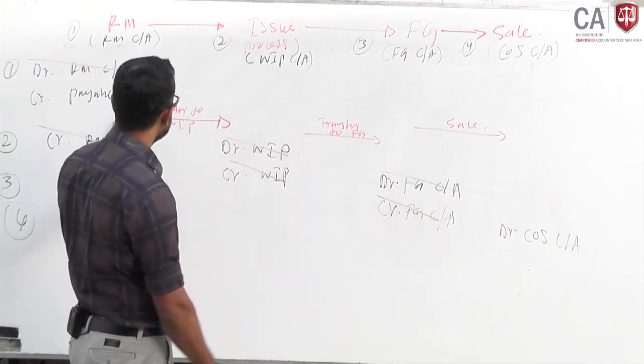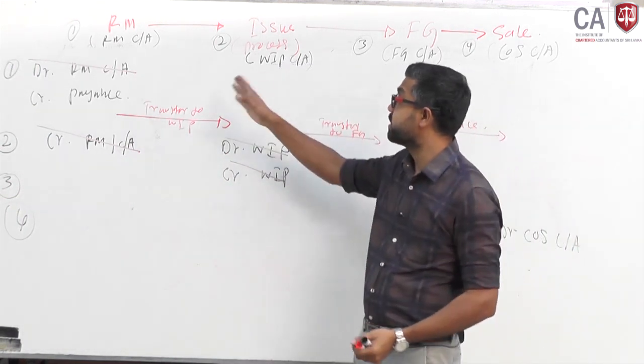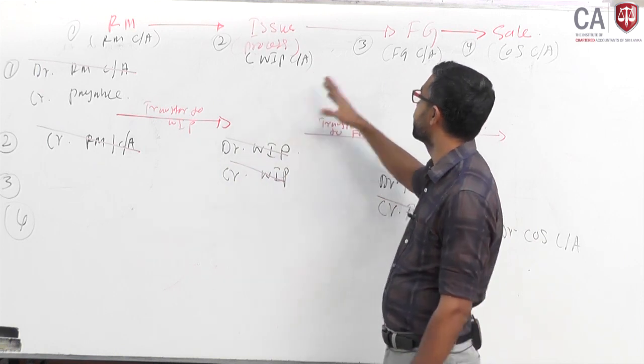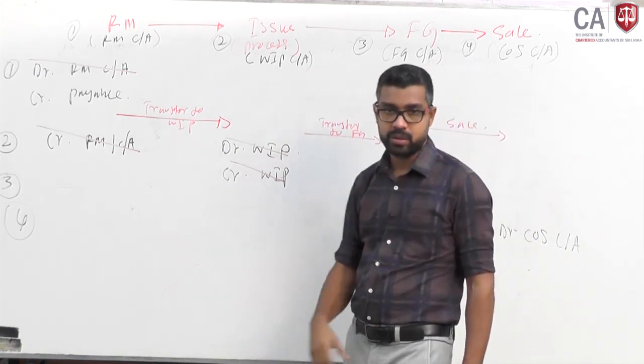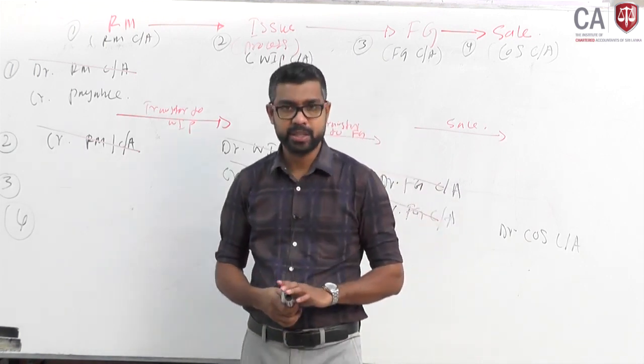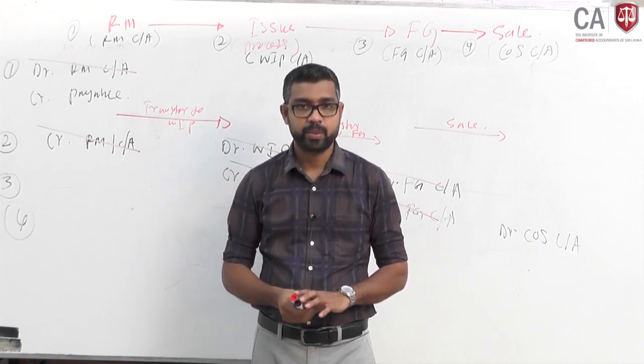Once you understand the relationships properly, you know how to pass double entries between these accounts: from RM to WIP, WIP to FG, FG to cost of sales, right? Fine. There's a comprehensive question that we will discuss under the revision program. Thank you.